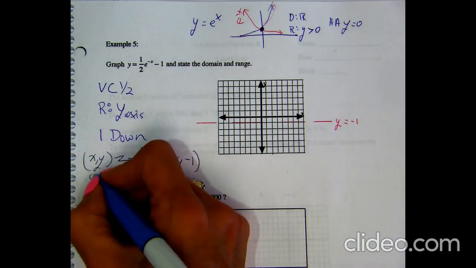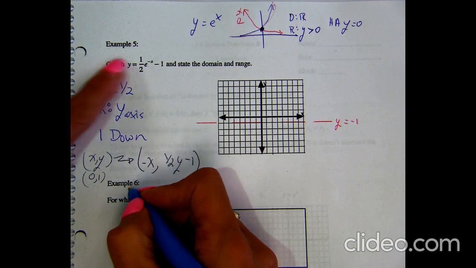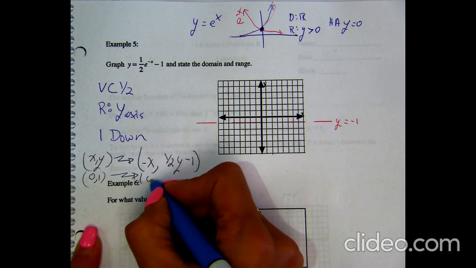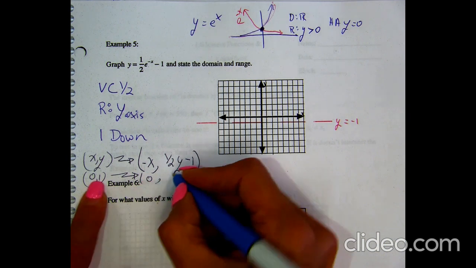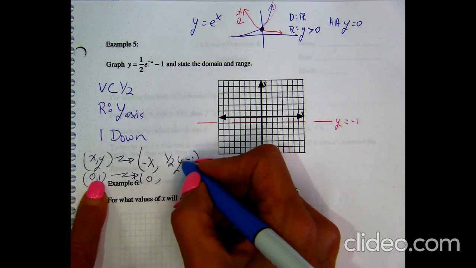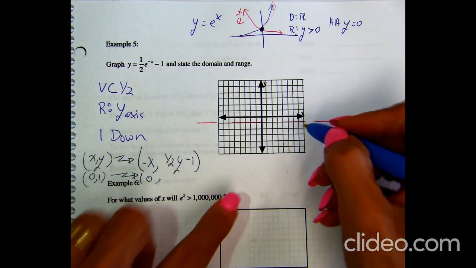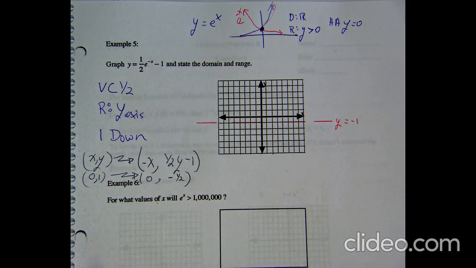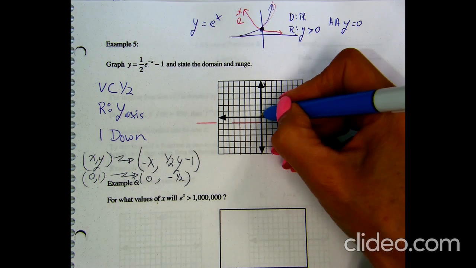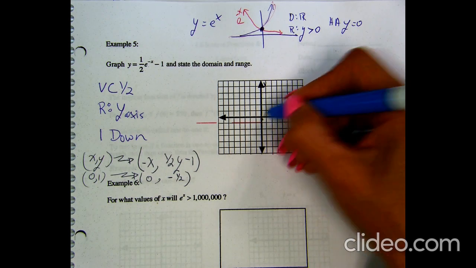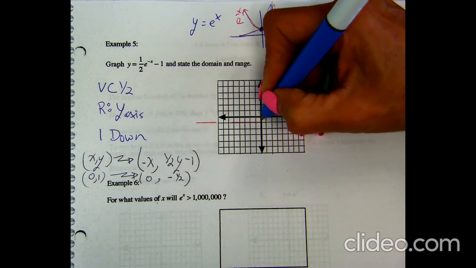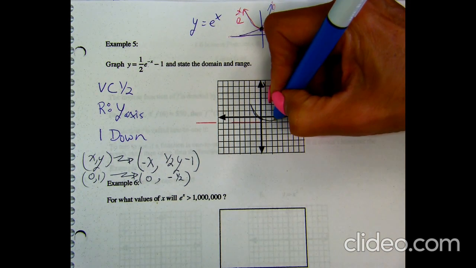What happened to the point x is 0, y is 1 under this kind of a transformation? Negative 0 is still 0. 1/2 of y, 1/2 of 1 is a half. Subtract 1, I've got negative a half. So x is 0, y is negative a half, and we're going to graph this. So it's going to look something like that.